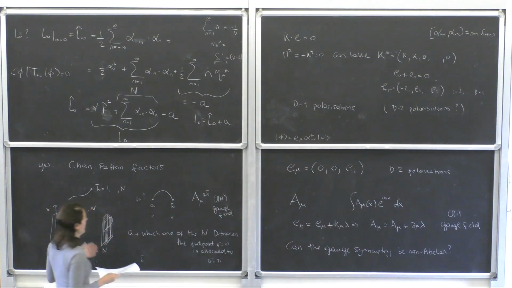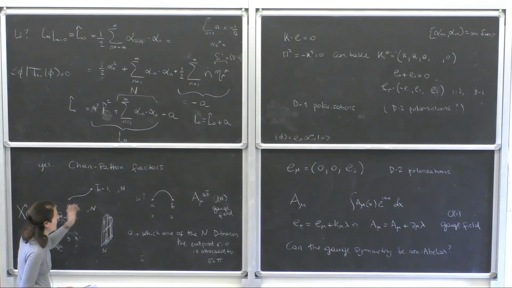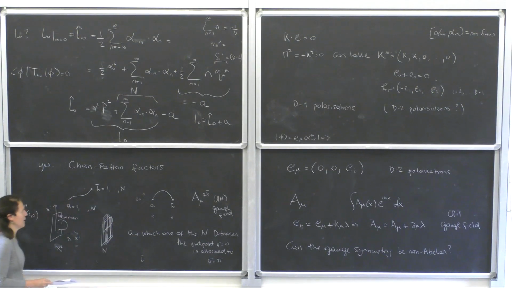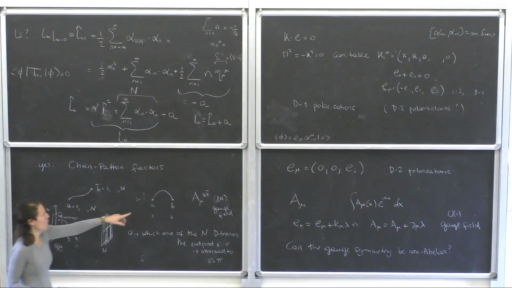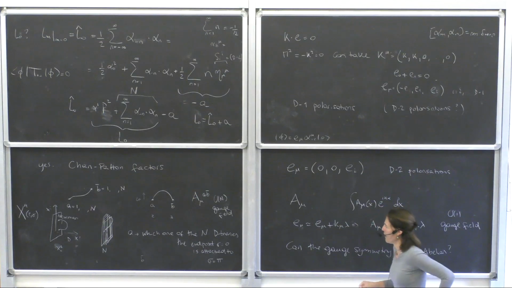Any open string, also the massive ones, will have these Chan-Paton degrees of freedom. The embedding coordinates x are the ones that have these Dirichlet and Neumann boundary conditions. So if you have some Dirichlet and Neumann boundary conditions mixed, all the strings will have these A, B bar indices. This is in the adjoint of U(N), and any massive string will also have that.